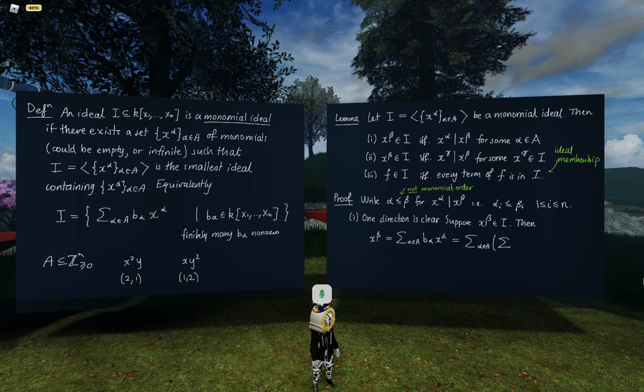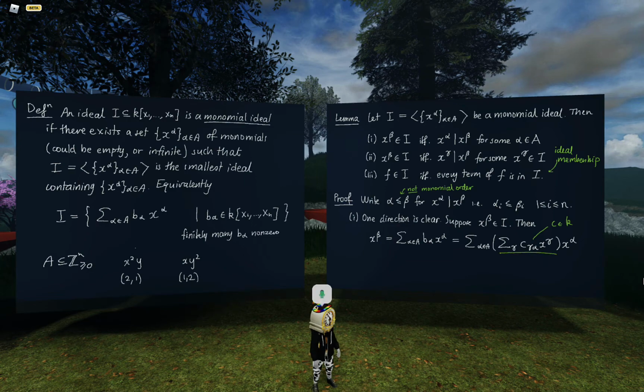So that means they can be written in this form, where the c's are in K. Right, there's nothing to do with A here.